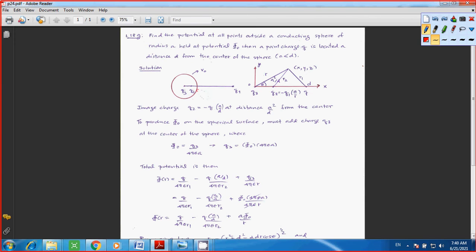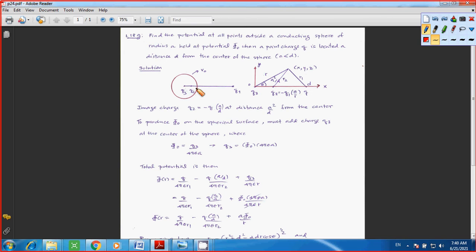So the sphere has the radius a, is held at potential phi 0 when a point charge q is located at distance d from the center of the sphere, or a less than d. You have the point charge at the distance d from the center of the sphere.